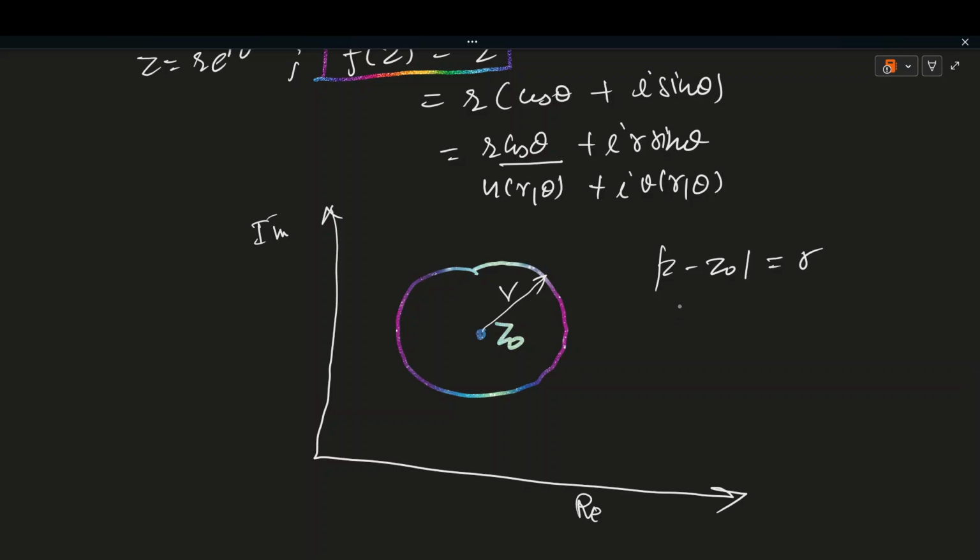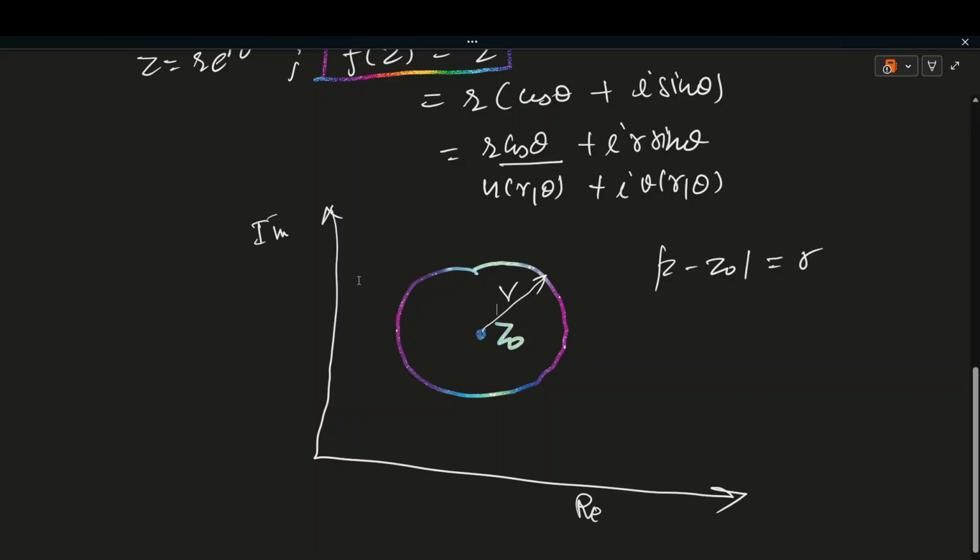So if you want to calculate the limit of the function in a very short distance of the point f(z naught), or calculate the differentiation or continuity of the function at z naught, what we have to do is first go for mapping. First we will do mapping, then we will see how the limit, continuity, and differentiability come into our picture.